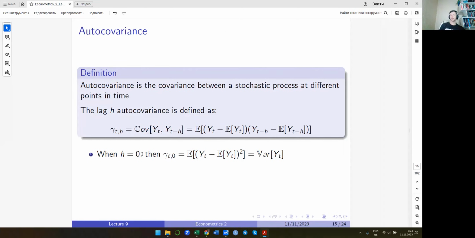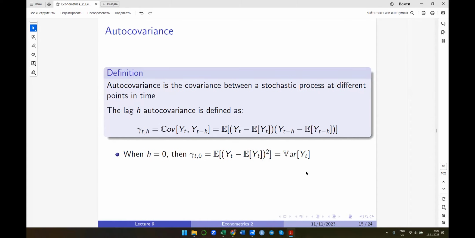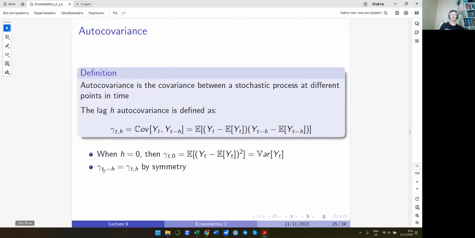When h is 0, then it is the covariance between yt and yt, and this is the variance of yt. Autocovariance between t and t minus h lags and t and t plus h lags is going to be the same by symmetry. So this always holds.